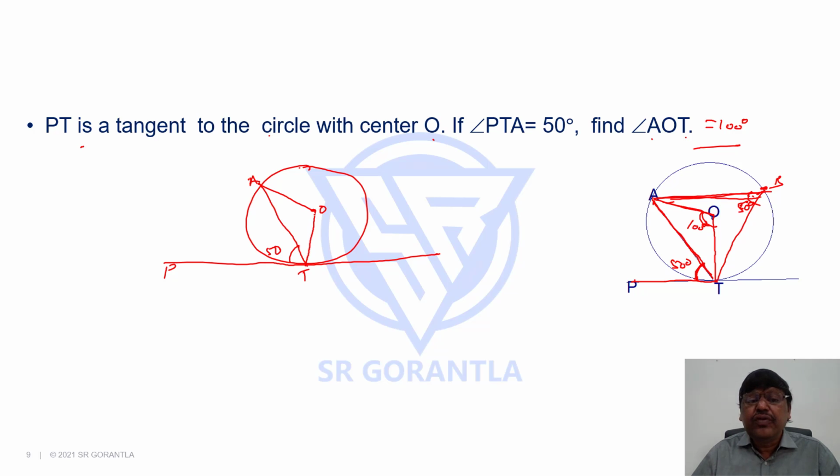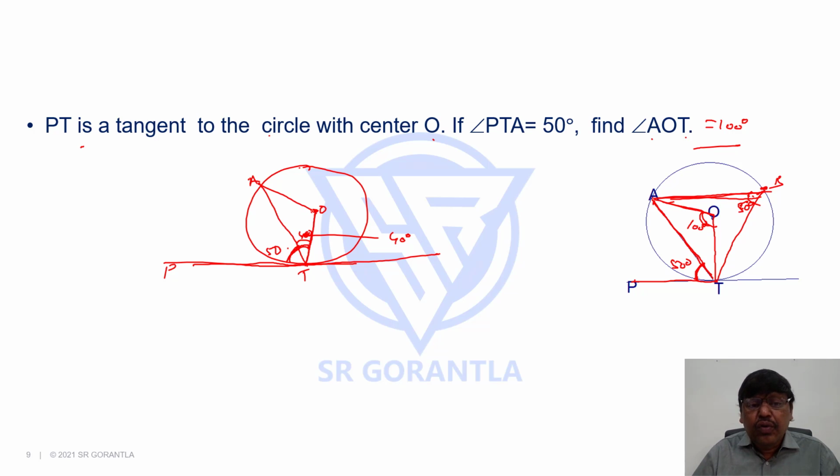If you recall one of the earlier points we discussed in the previous session, the angle between radius and tangent is always 90 degrees. So this angle will be 90 degrees. Since this is 50, this portion has to be 40 degrees.